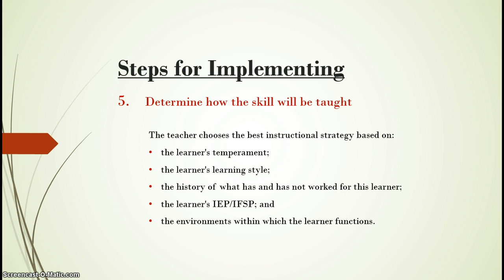Next, the teacher will determine how the skill will be taught. The teacher will take a lot of things into consideration when choosing the best instructional strategy. For instance, the learner's temperament, their learning style, what's worked and what doesn't work for the learner in the past, the learner's IEPs, and the environment in which the learner actually functions.